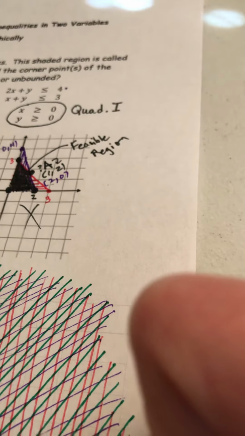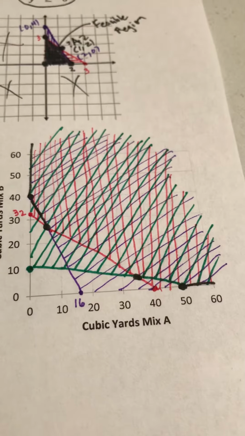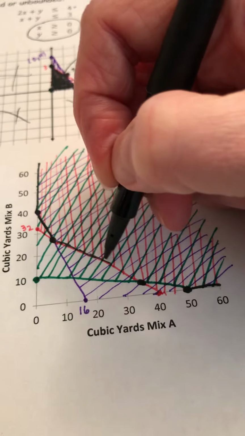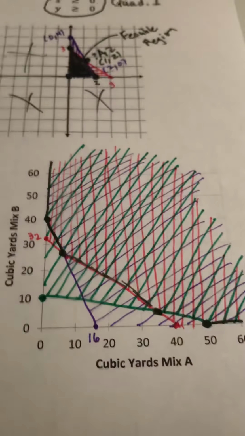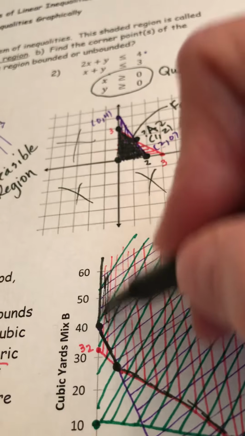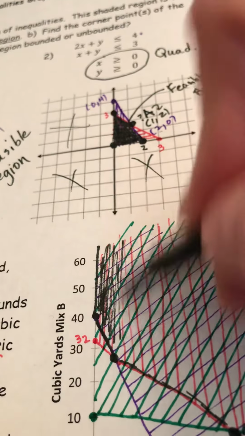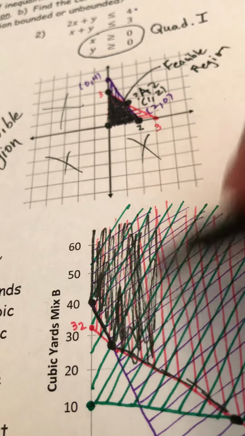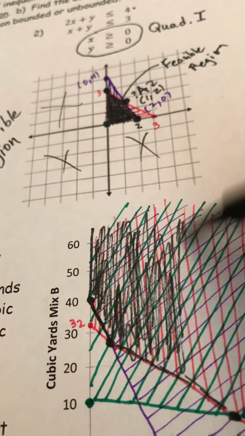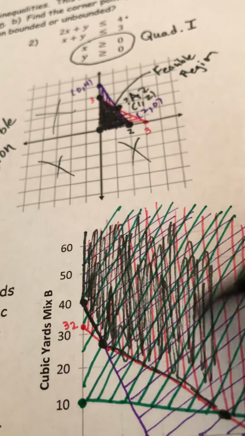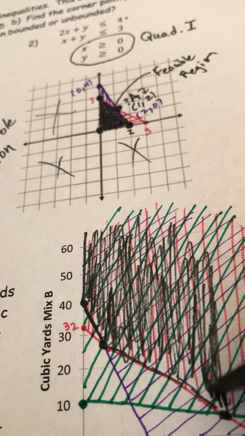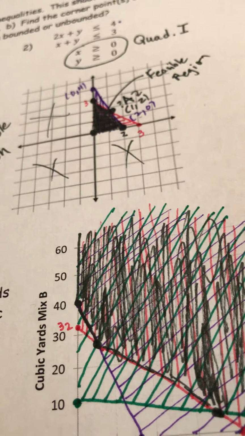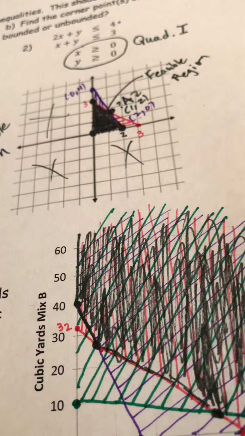So I'm going to try to shade that in, including this one here, the red. I just don't want to lose which color line that is. And our feasible region is all of this. Like coloring again. All of this is where all these colors overlap.